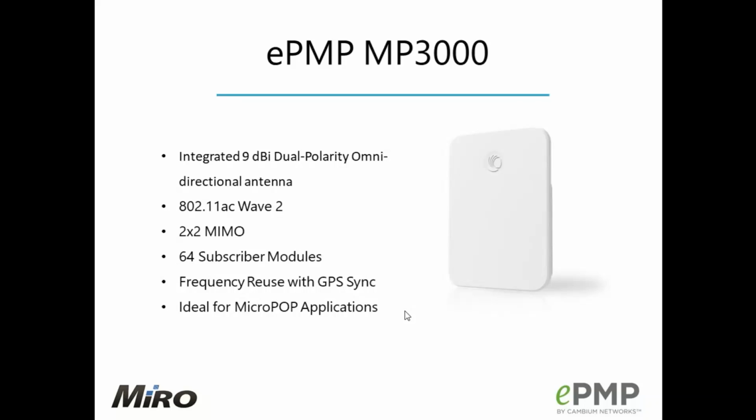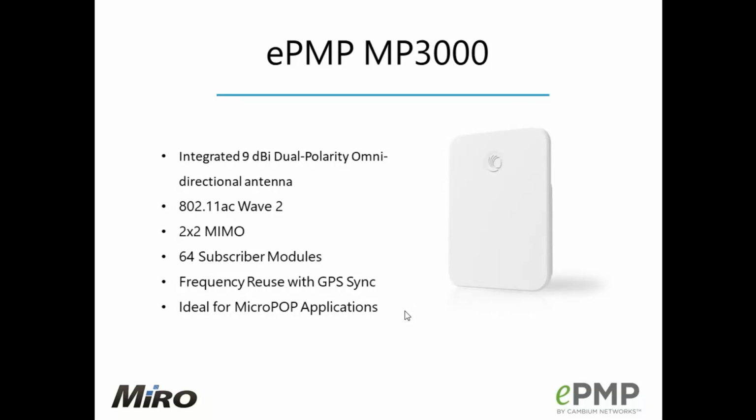the reason why you wouldn't have frequency reuse and GPS synchronization on one of these units is that when you're mounting one of these units, the assumption is that you're putting up one radio to serve a full 360-degree radius. Okay, so you're not going to have these radios back to back. Otherwise, obviously it goes without saying they're going to overlap.